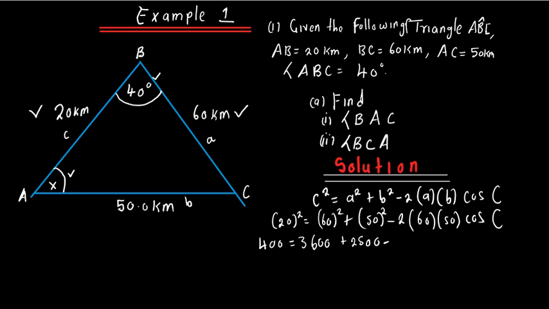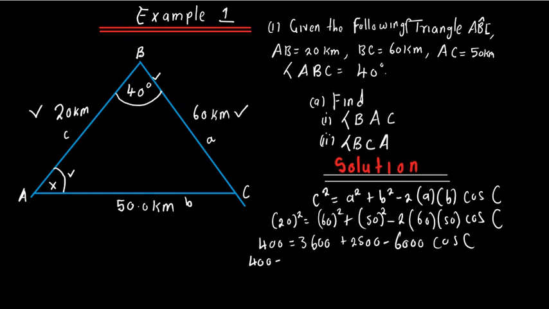We don't have to include the cosine because we are doing our calculation there. So this is going to be 6,000 cosine C. That's what we wanted to calculate. So we can say 400 minus. Let's add the like terms.